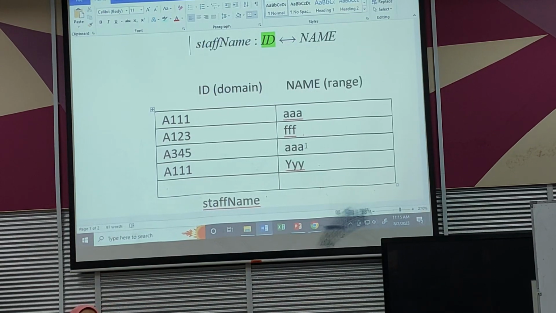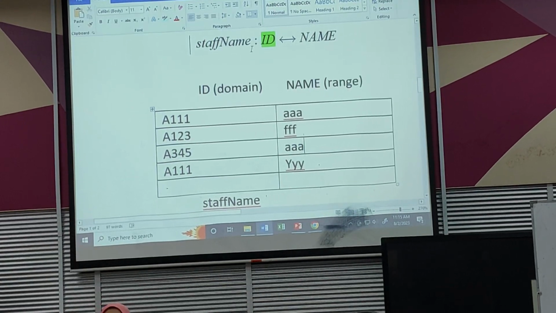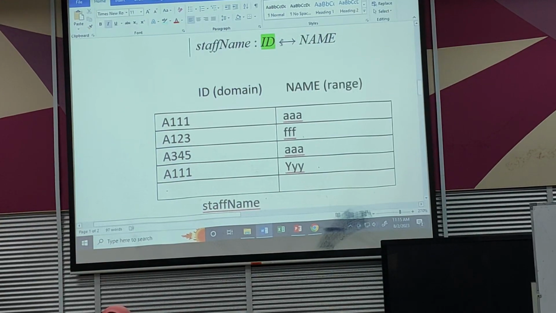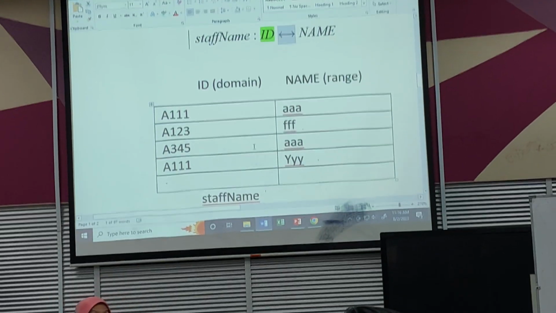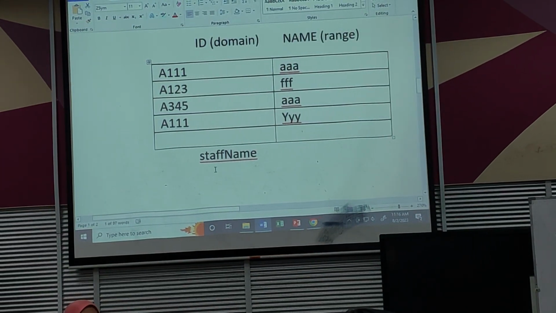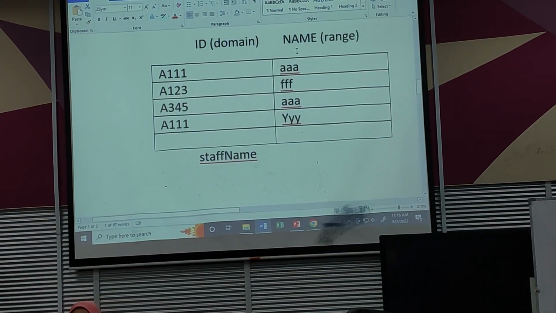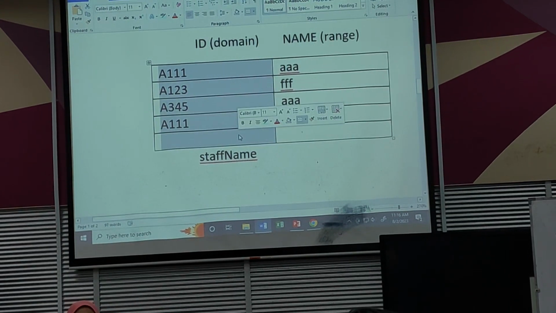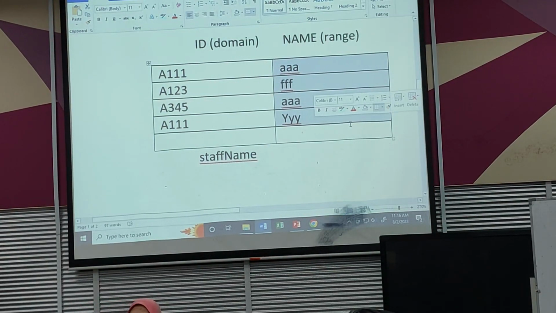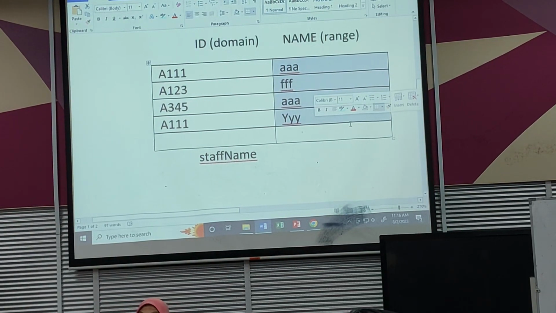I just want to show you how many to many works. So this is my table called staff name, consisting of ID and name. Two columns: one column, the domain, is for the ID, and one column, the range, represents the name.